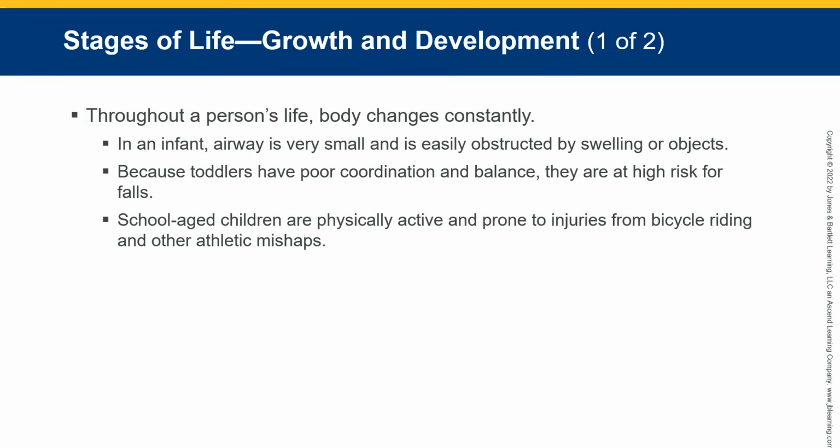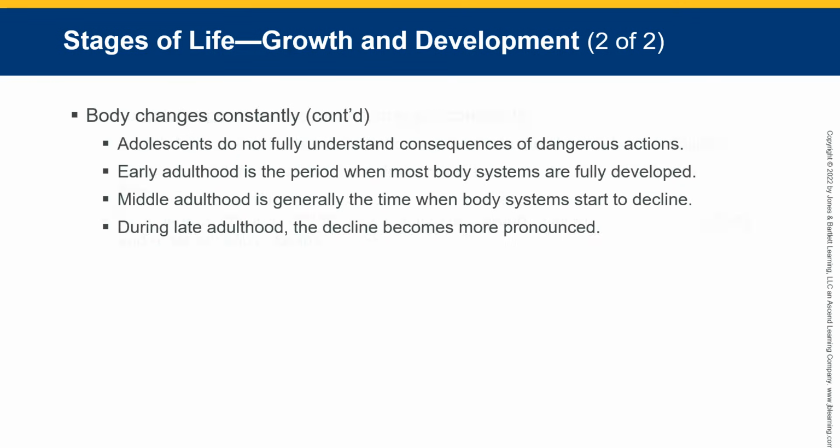And as we get to the school-aged time frame, again, we're back to the higher activity and more prone to injuries from things like bicycle and other athletic mishaps. And so you can kind of determine what kind of injuries a patient might have based on their relative age.